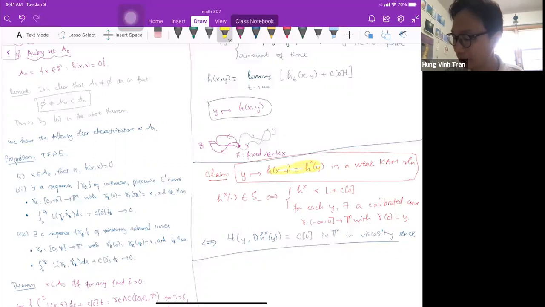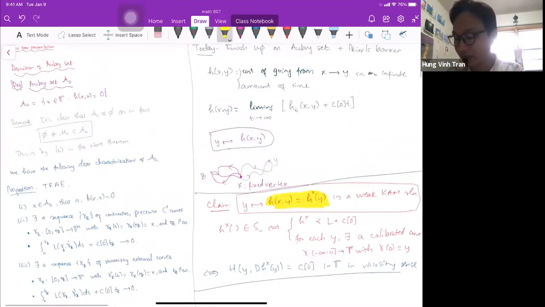Again, we already have proofs for that in different ways. So this is just a convenient consequence of the important properties of the Pierce barriers. Okay. So let me review very quickly.